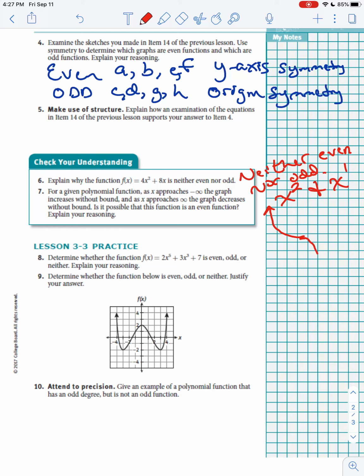So that looks like that. But as x approaches infinity, we're decreasing. It looks like that. So could that be an even function? We would say no. There is no symmetry to the y-axis. There could be symmetry to the origin in this case. That would be odd if there was.